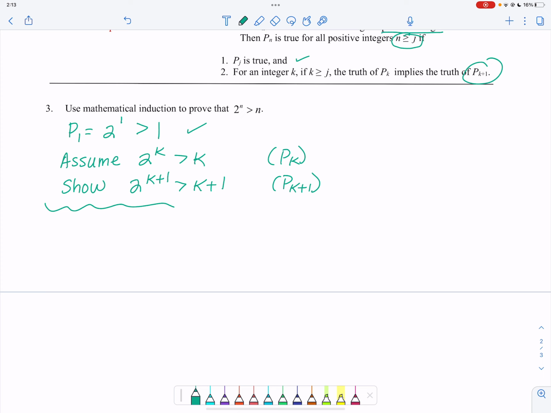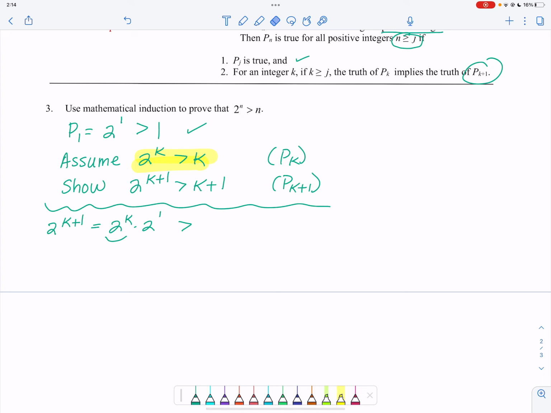Okay, so now we have 2 to the k plus 1, and that's equal to 2 to the k times 2 to the first power. And that is going to be greater than k times 2. And why is that greater than k times 2? Because 2 to the k is greater than k.